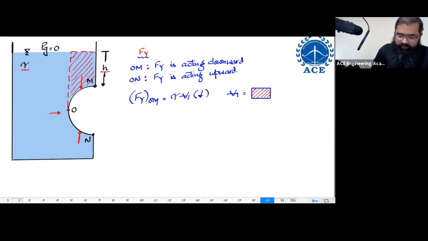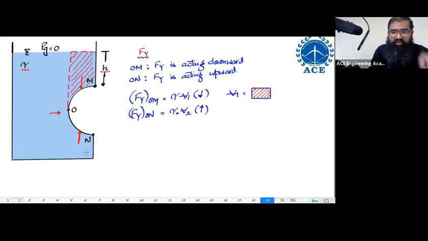Now come back to Fy on ON. It is, let us say, gamma times volume V2, in the upward direction. Again, I have to look for what volume is responsible. We know that whenever we see a curved surface, we are supposed to start measuring volume from the interface till the curved surface, whether the fluid is present or not.